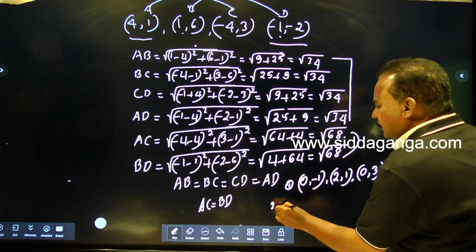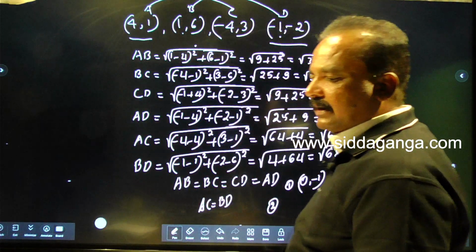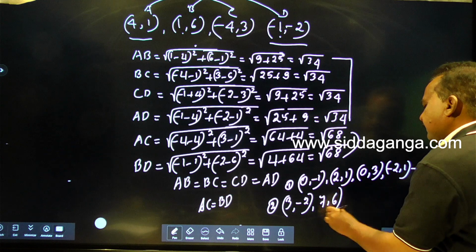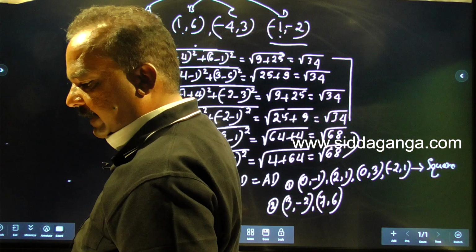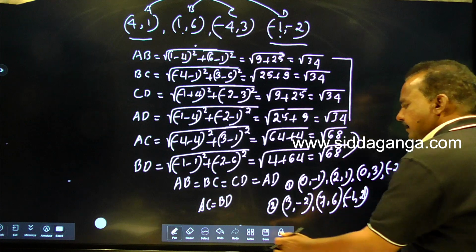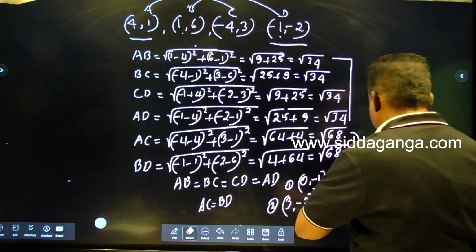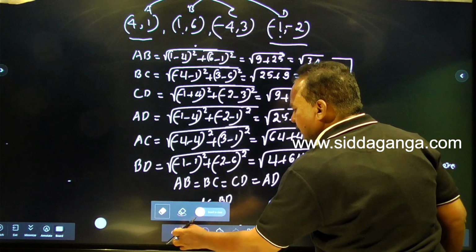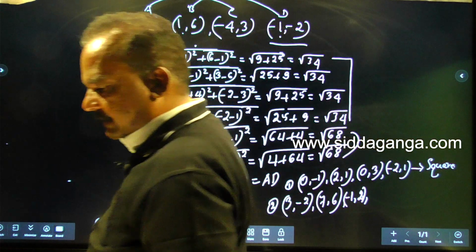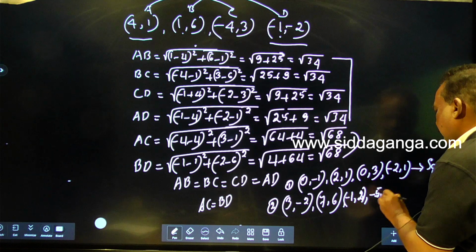And one more problem I will give you, and I will explain how you have to do that problem. 3, minus 2, 7, 6, minus 1, 2, and the last vertex is minus 5, minus 6.